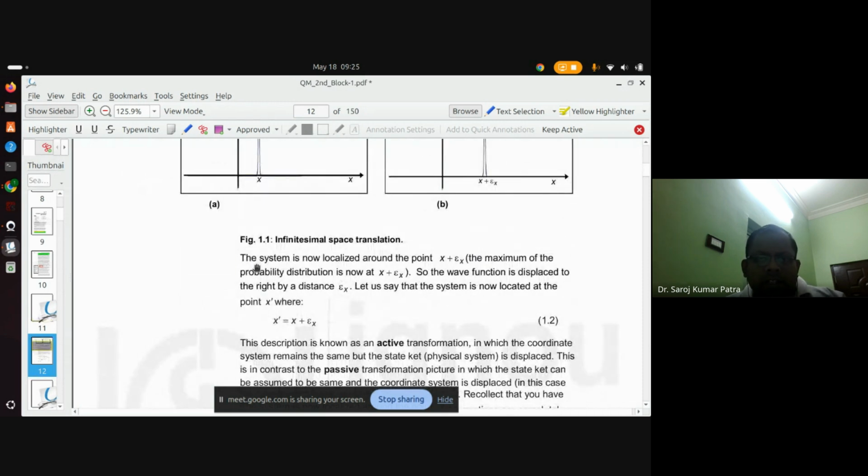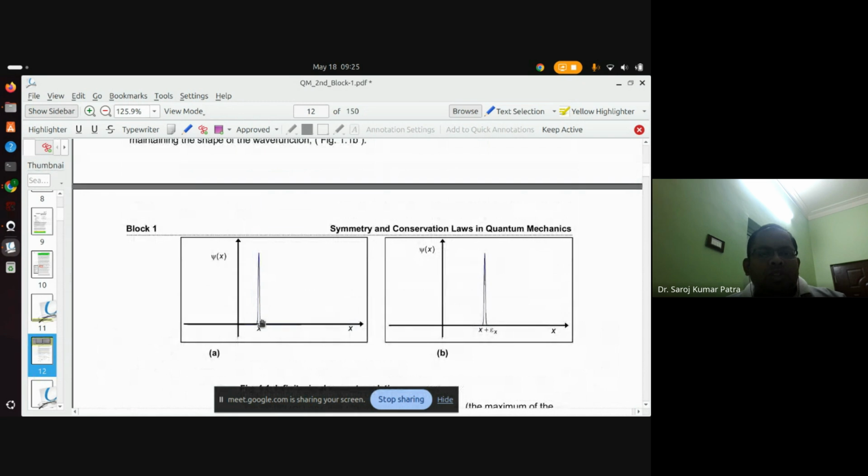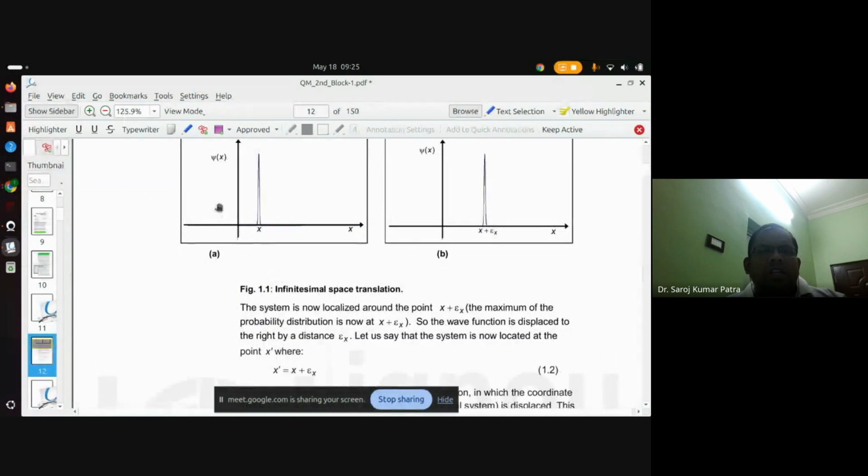So it says here the system is now localized around the point x plus epsilon x. The maximum of the probability distribution is now at x plus epsilon x. Because if you are measuring the position on the wave function psi x, then the wave function will maximize at x.